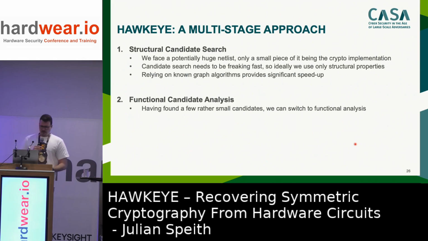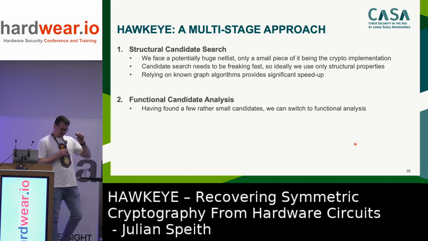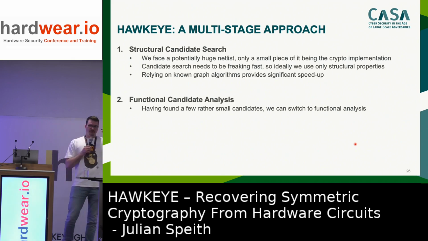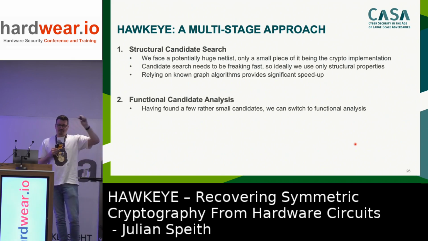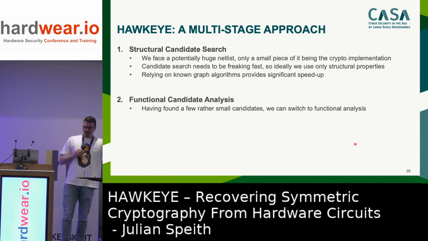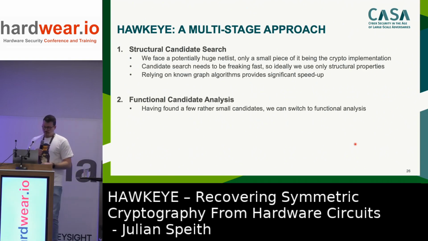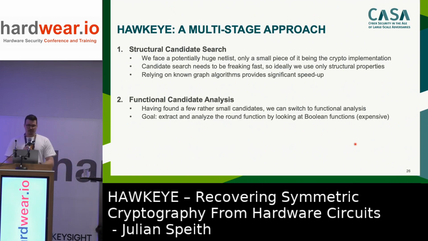Okay. Once we have figured out candidates that kind of look like crypto, we can analyze them in a bit more depth and do this functional approach where we actually look at the Boolean functions that are implemented by the combinational logic. So you combine all these AND, OR, XOR gates, or the LUTs of the FPGAs, into one big Boolean function that describes the round function. And then you would go ahead and analyze this round function to find out what is actually implemented here.